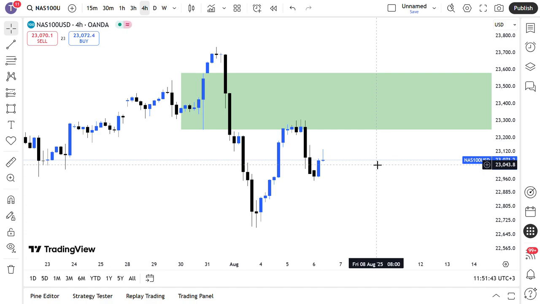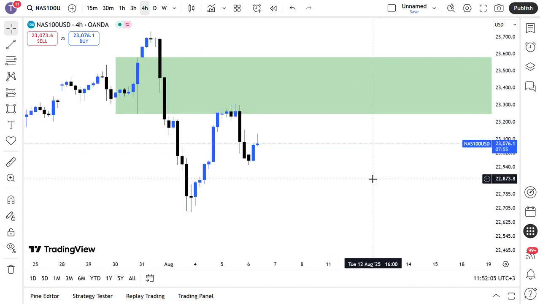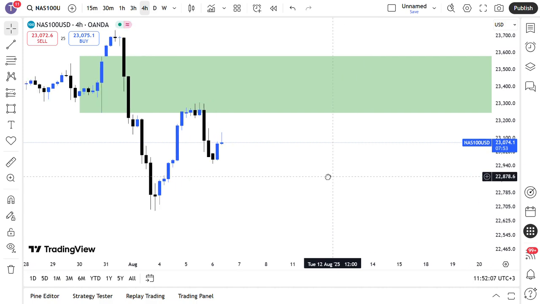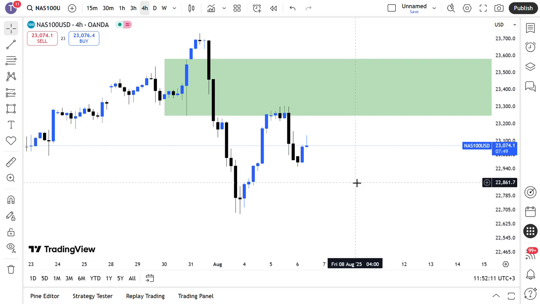Another importance is to make sure that you are trading in the right direction of that bias. You don't have to try to trade against the trend. So those are two reasons that I find very important in doing a top-down analysis.